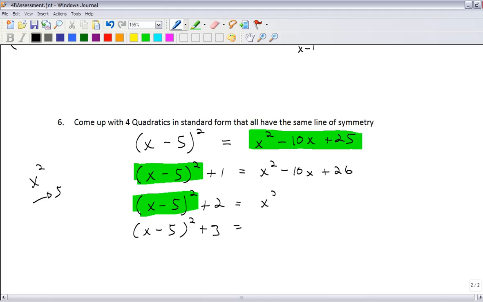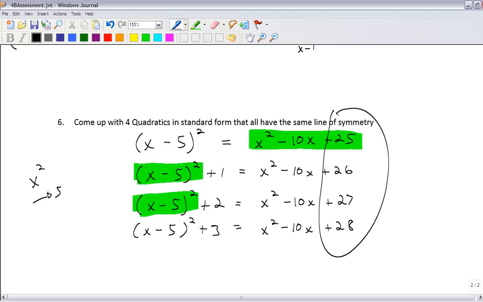X squared minus 10x plus 27. X squared minus 10x plus 28. So they all have a different c value. And we've learned that c has nothing to do with the line of symmetry, right? Line of symmetry, I mean, that's just x equals negative b over 2a. c has nothing to do with that. Nothing at all. So there are 4 quadratics in standard form that all have the same line of symmetry.